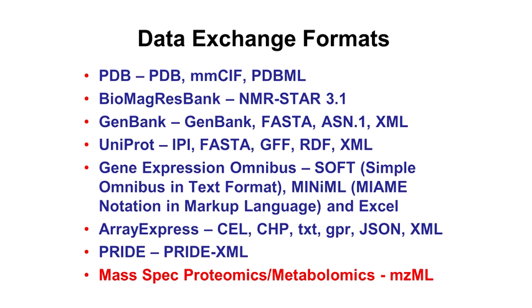There's standard formats as well for gene expression databases, whether it's GEO or ArrayExpress. The standard for mass spec, both for proteomics and metabolomics, is a markup language called mzML. So these exist, but we haven't had one for NMR.